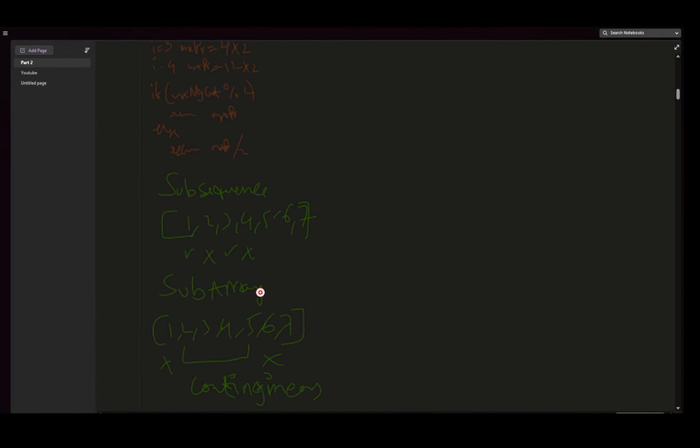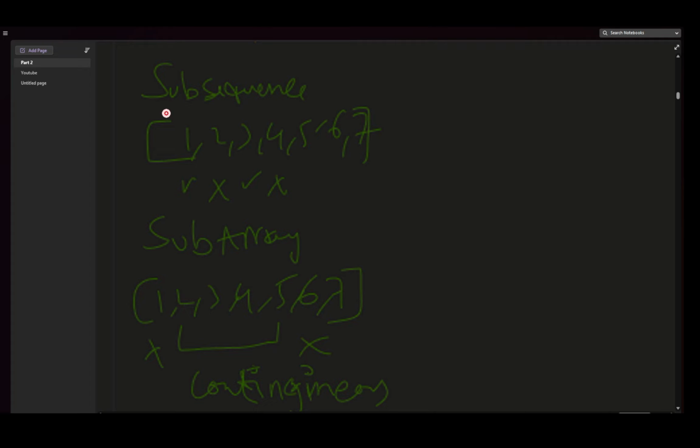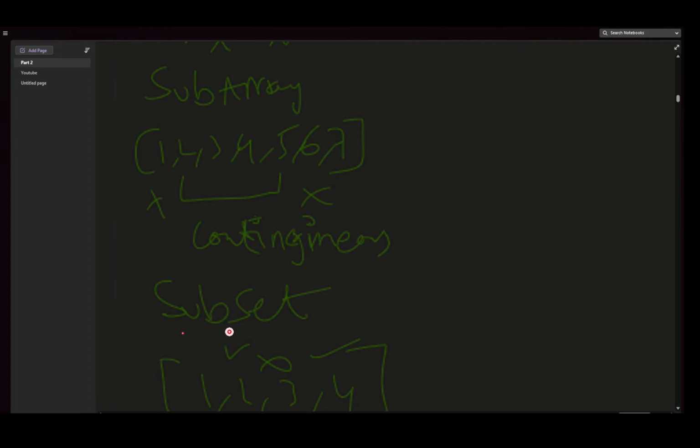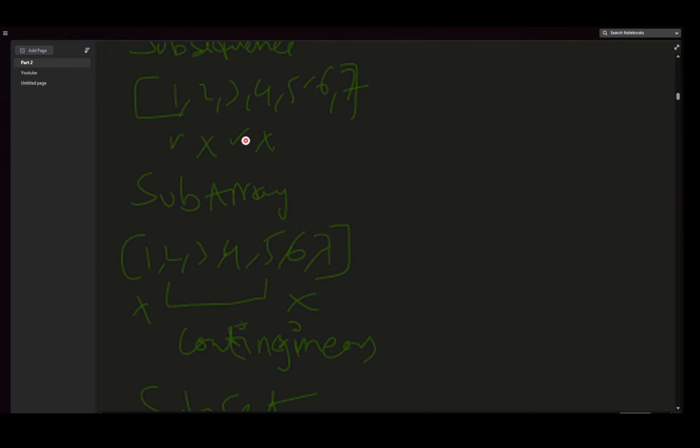I will also explain the definitions of subsequence, subarray and subset. The main difference is that in a subsequence we can skip one element and pick another element, but the relative order should be preserved. That is the main key point to notice in a subsequence.